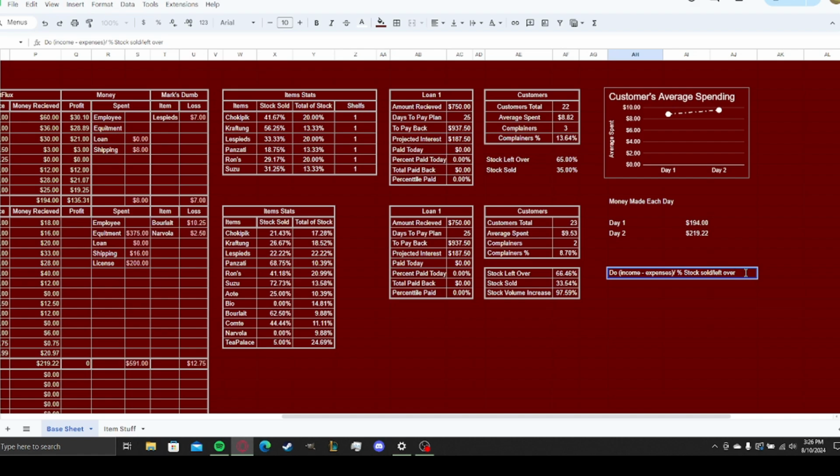You know, because this line of code would be all projection based. You take the information that you know, which is three things: the income, the expenses, and the amount of stock that you sold versus the leftover stock.